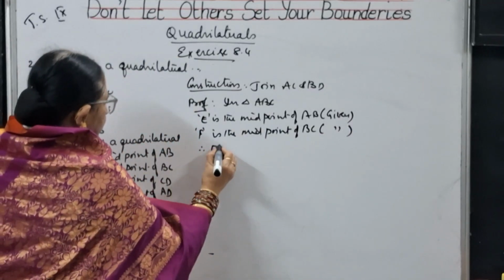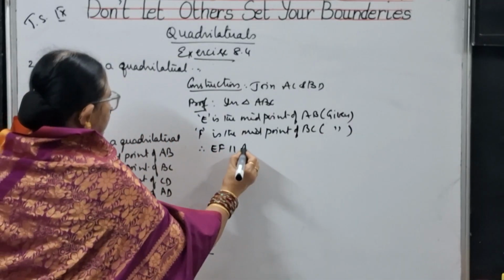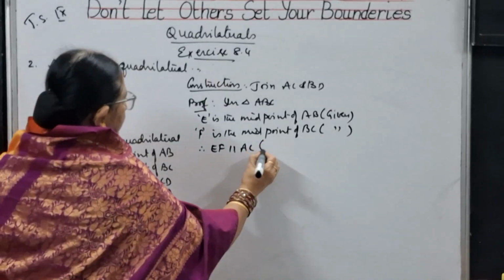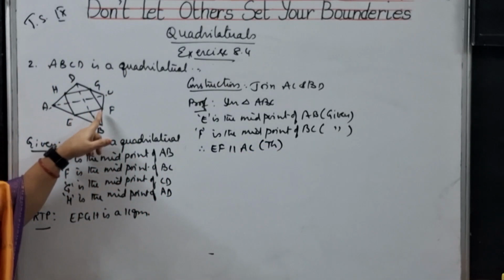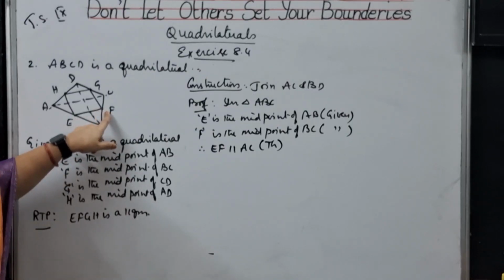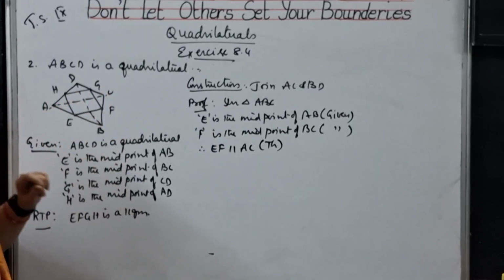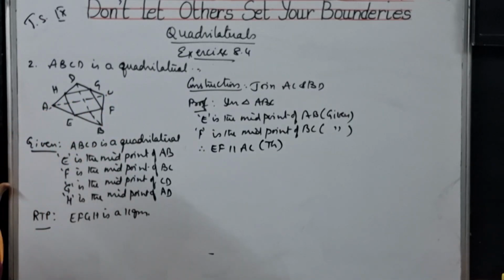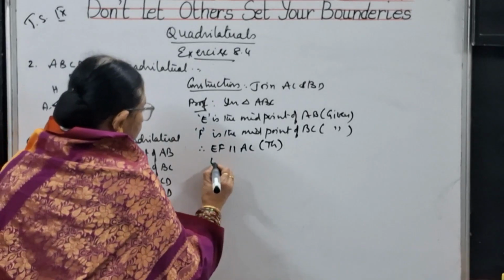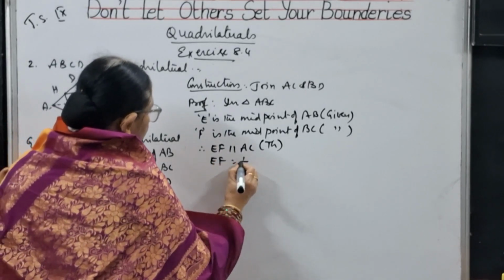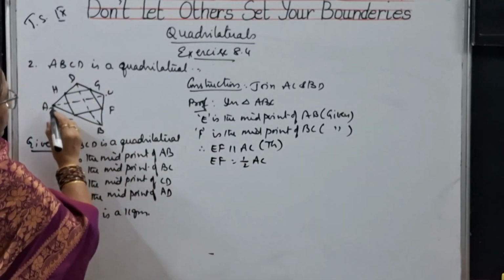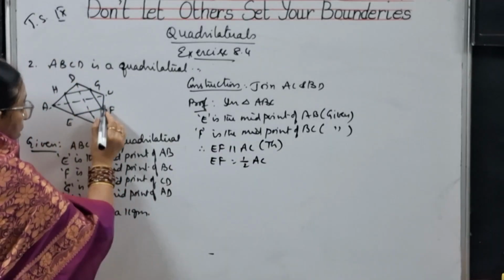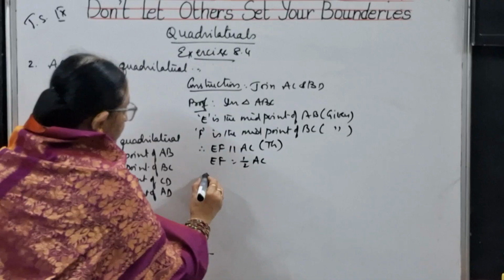Therefore, we will say that EF is parallel to AC based on the theorem. The theorem says if a line is drawn through midpoints of two sides of a triangle, it is parallel to the third side, and also EF is half of AC. EF is parallel to AC, EF is half of AC.